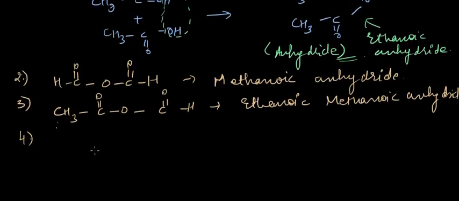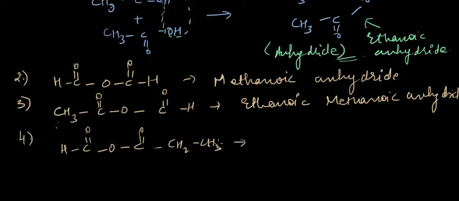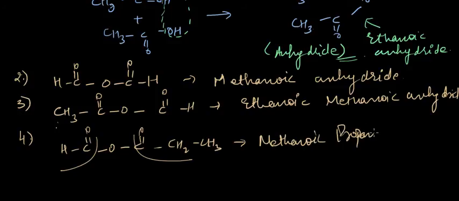Let us take a look into this example. So this would be methanoic propanoic anhydride. Why? Because of these reasons. So it would be methanoic propanoic anhydride.